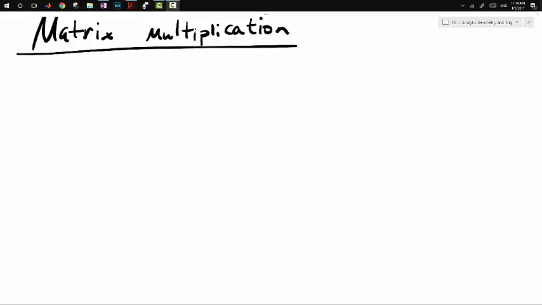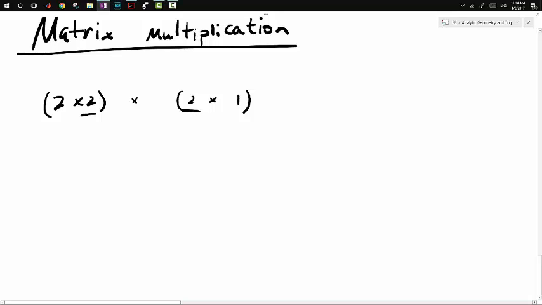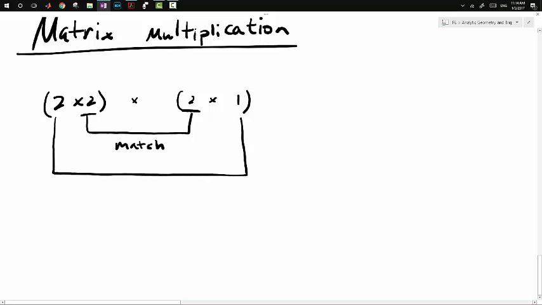Meaning, if you have a 2 by 2 matrix multiplied by a 2 by 1 matrix, this inner dimension matches. So these must match. And your resultant matrix size is given by these outer dimensions. So this will produce a matrix of the size 2 by 1.